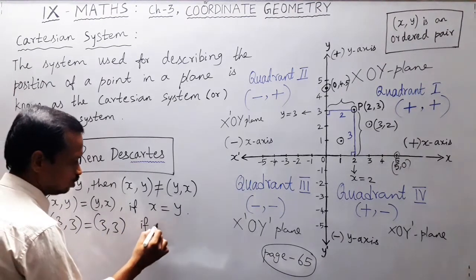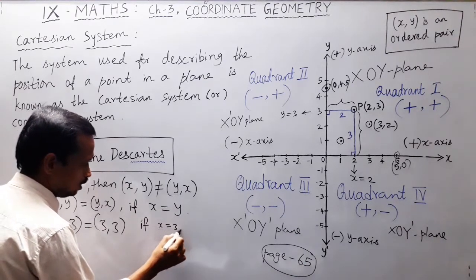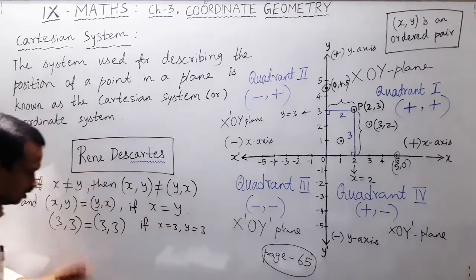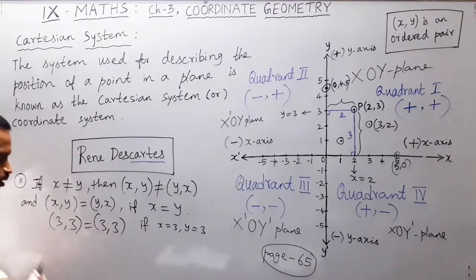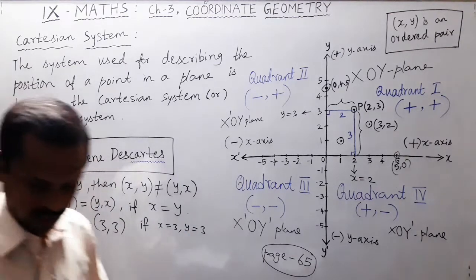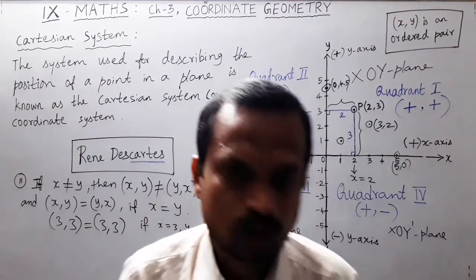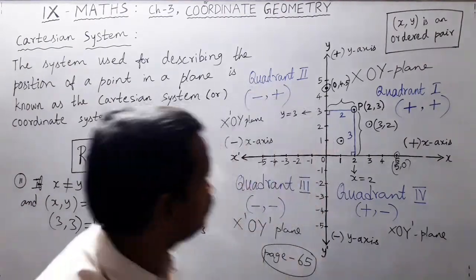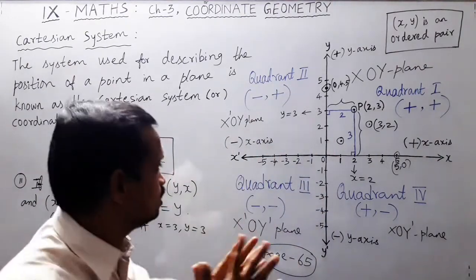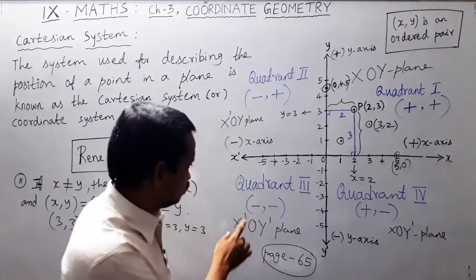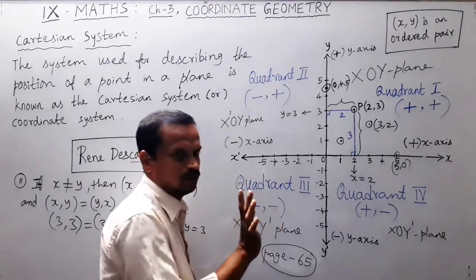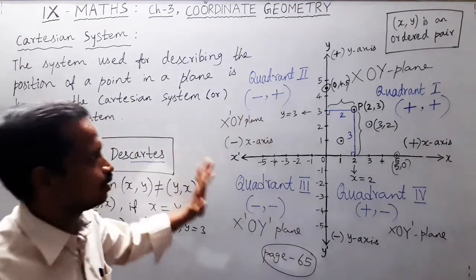If x is 3, y is also 3, then we can say both points are equal. If you change the order, x comma y equal to y comma x, 3 comma 3, 3 comma 3, both are equal when both x and y are equal. So this is the explanation of the point. So you have to take all the 11 points. After this diagram, what we have seen in the beginning, I have changed this as minus comma minus. You should take the correct one.